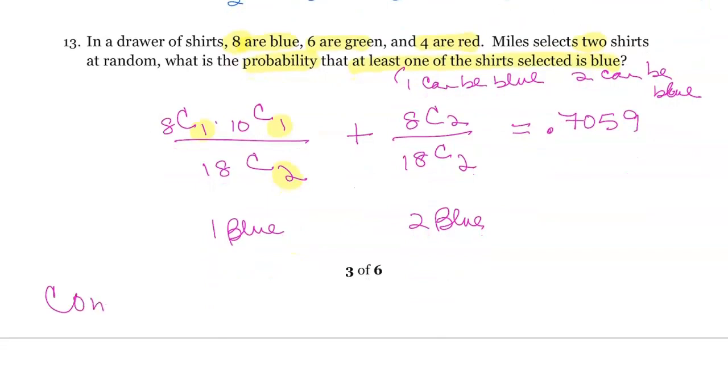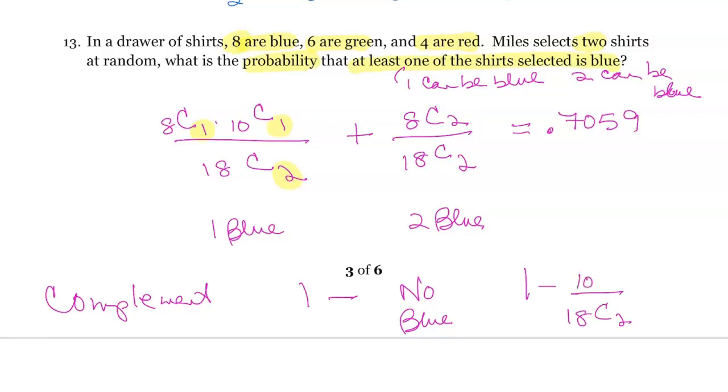Or you could have done the complement. If you wanted to do the complement, it would be 1 minus no blue shirts. So that would be 1 minus, it's still 18 choose 2, but now it's going to be 10 non-blue shirts, choose 2, and when that goes in your calculator, you're going to get the exact same thing.